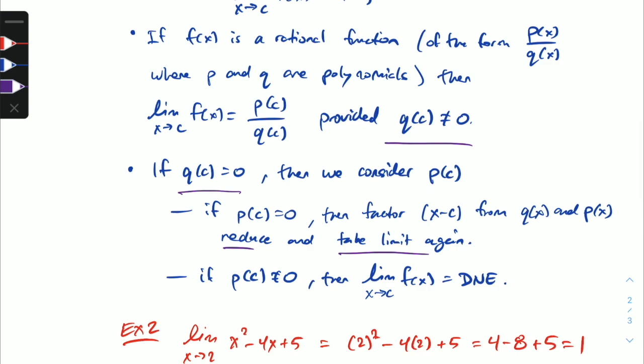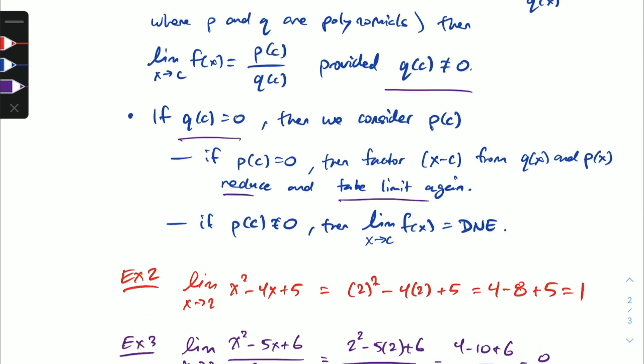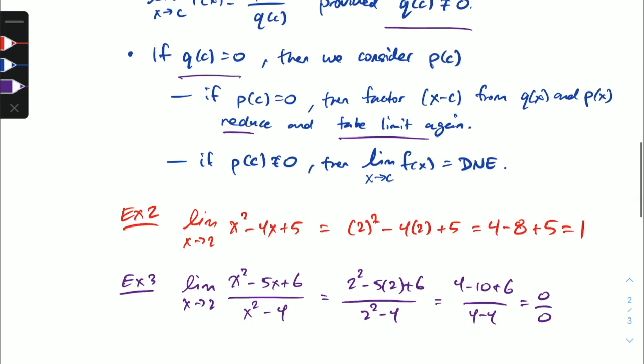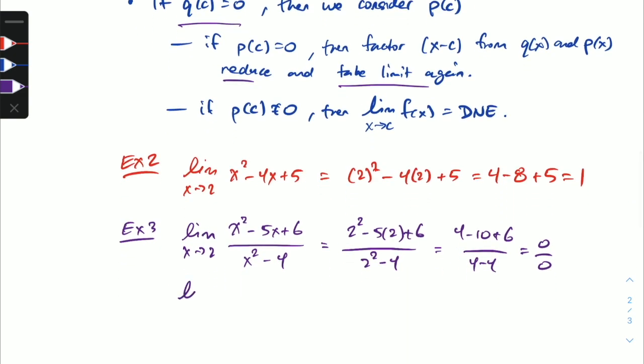Okay? So if the numerator is 0 and the denominator is 0, then we're going to factor x minus c from the numerator and denominator polynomials. Okay, so we're going to take this and we're going to factor the numerator and denominator. We know that they factor because 2 is a 0 of both. And we'll get x minus 2 times x minus 3 and x minus 2 times x plus 2.